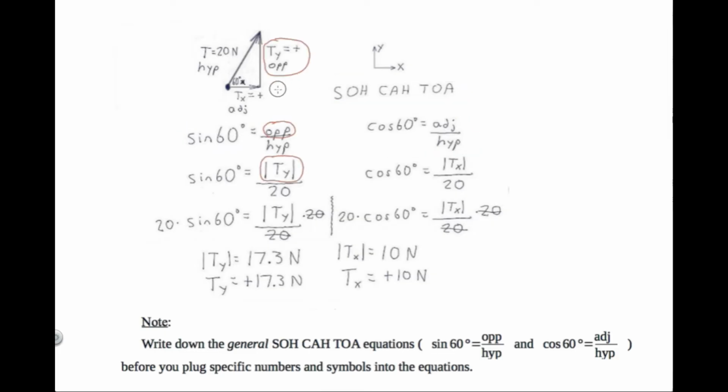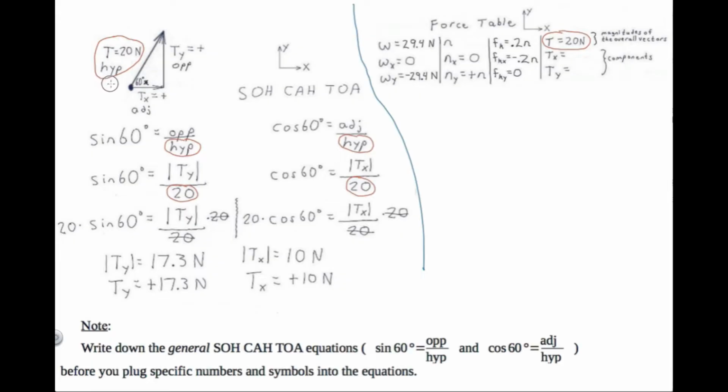In this case, our labels on the triangle show us that the length of the opposite side represents the magnitude of T sub y, and the length of the adjacent side represents the magnitude of T sub x, and the length of the hypotenuse represents the magnitude of the overall tension force, which the problem told us is 20 newtons.